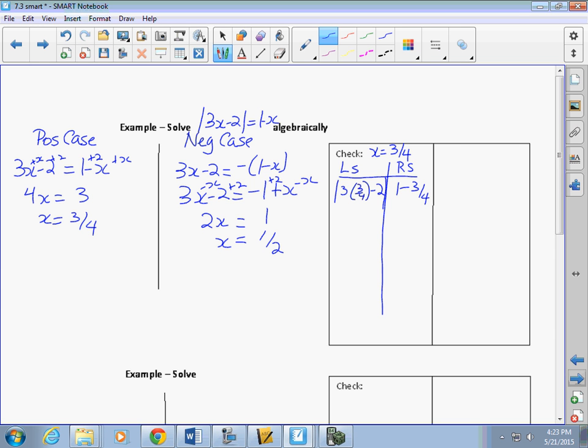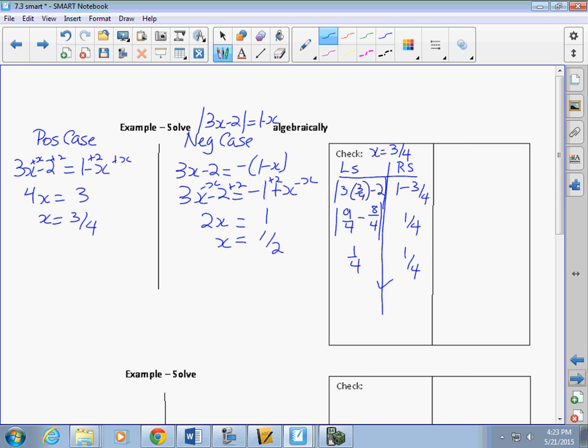Need my absolute value sign there. So I have absolute value of 9 over 4 minus 2. I'll make this a common denominator, so if I have a denominator 4, that makes that 8 over 4. And this side will equal 1 minus 3/4 is 1/4. So 9/4 minus 8/4 is a 1/4 absolute value.